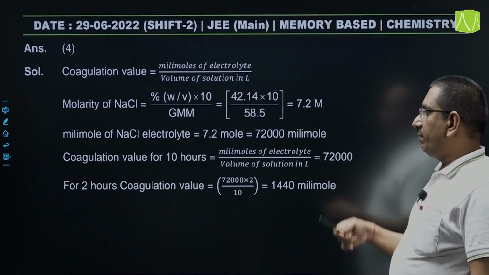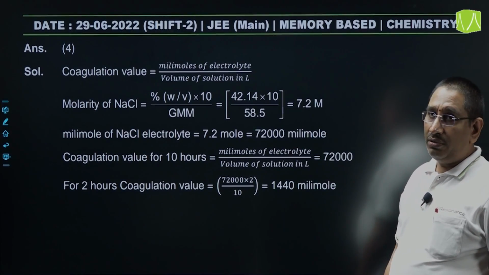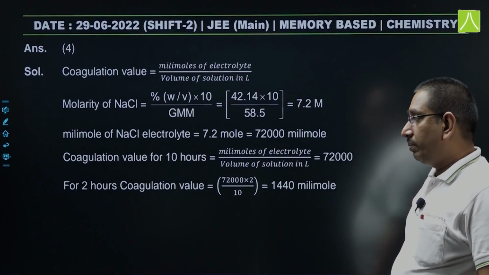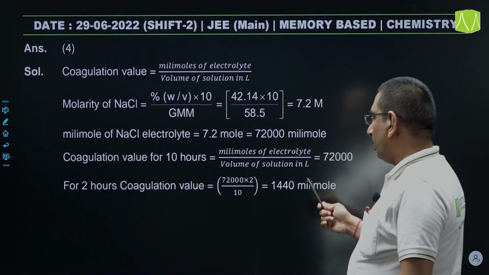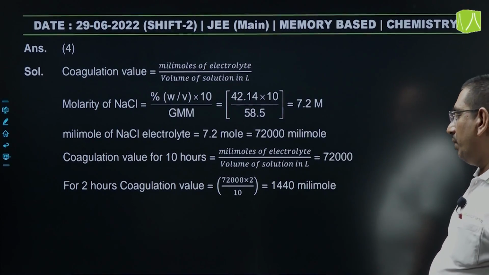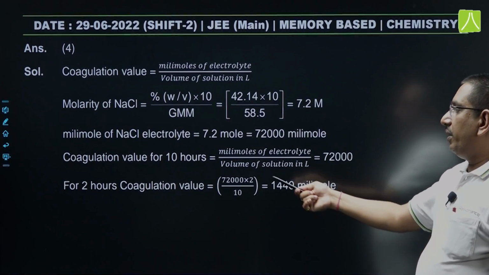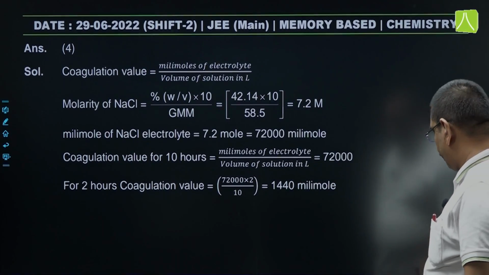Now, you will get 72,000 is the coagulation value for 10 hours. Now, we have to calculate for 2 hours. For 2 hours it can be 1440 millimoles. So, this is the coagulation value for 2 hours.